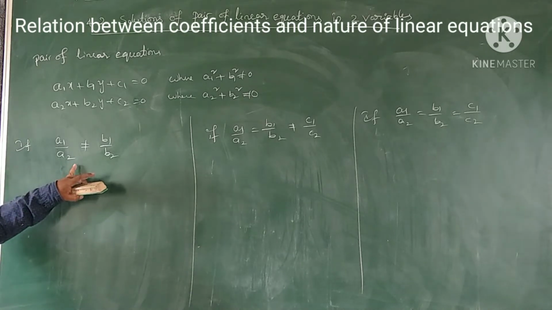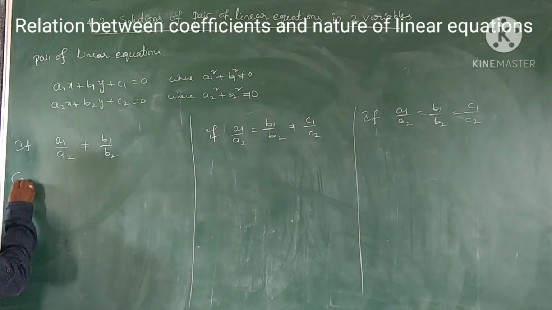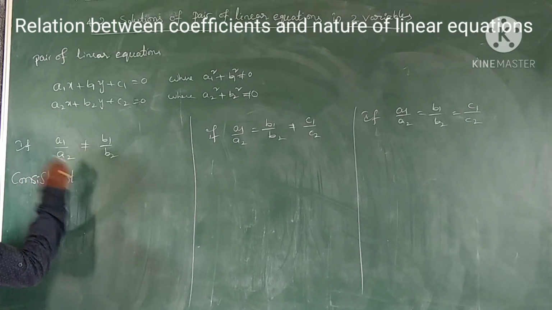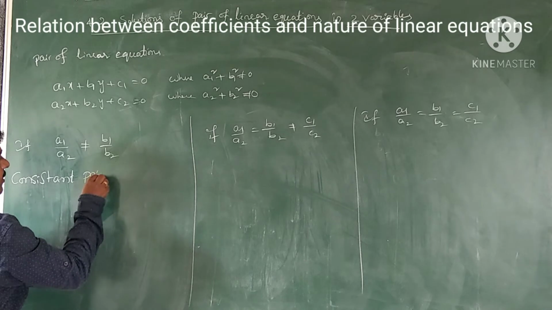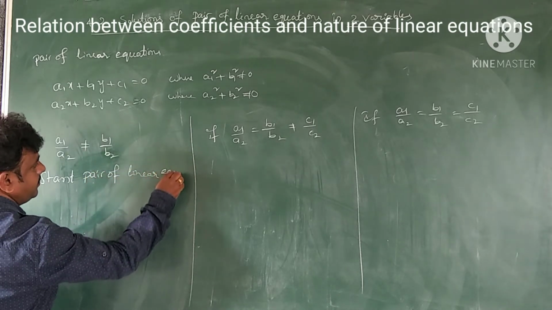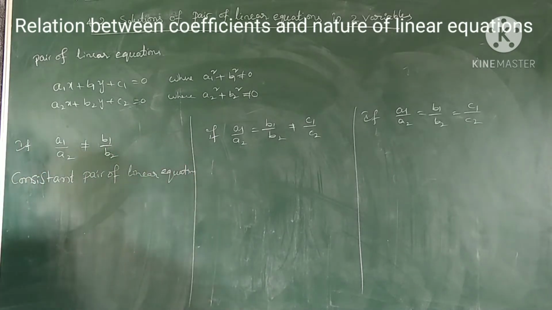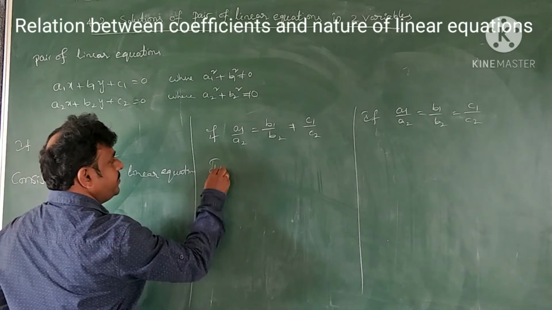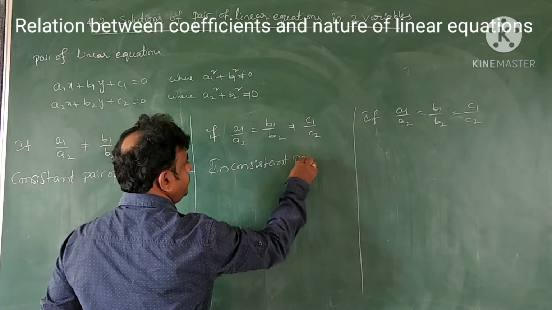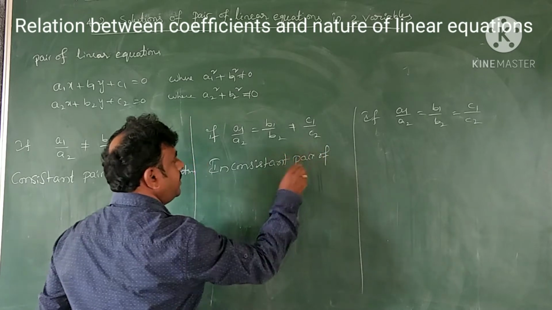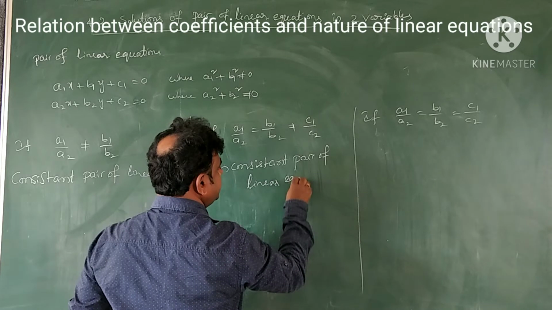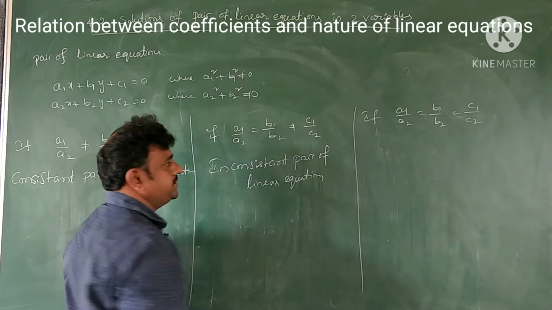This is known as a consistent pair of linear equations. These are an inconsistent pair of linear equations.